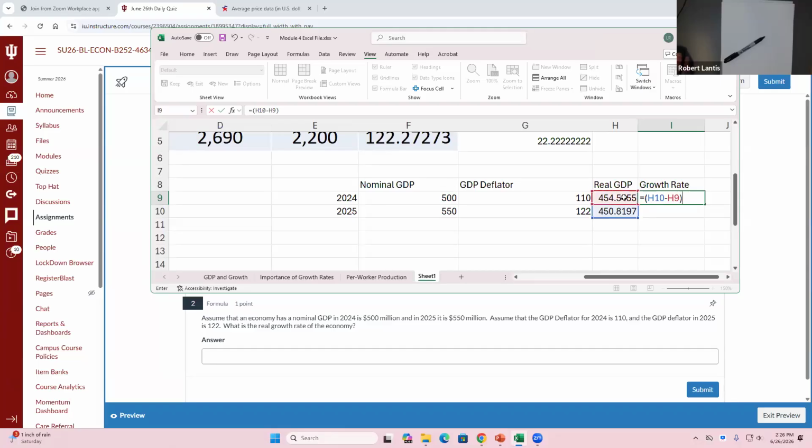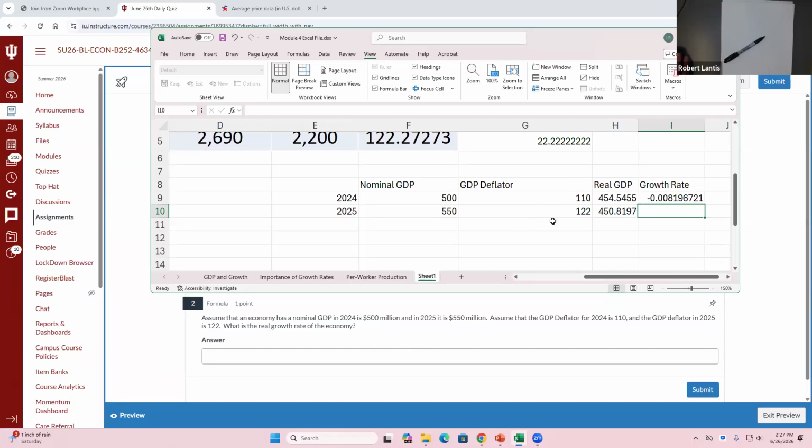So I took the new GDP minus the old GDP. I then divided by the old GDP, which notice here, anytime my real GDP has decreased, then my growth rate is actually negative. So once I hit enter here, sure enough, I see that I've got a growth rate of negative 0.008, or if we round this to the second decimal, negative 0.01.